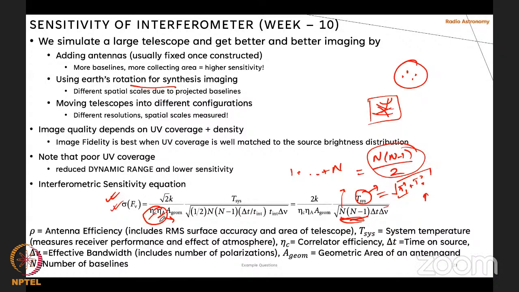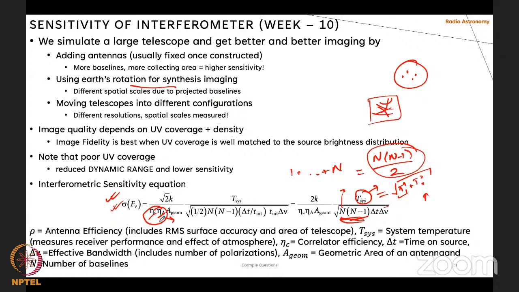But the simple thing by which they account for all these losses or calibrate the system is by looking first at a calibrated source, a source for which you have a proper data sheet, how much the flux is, how much its phase is. So there are two types of calibrators: flux calibrator as well as phase calibrator, using which you can calibrate your antenna.